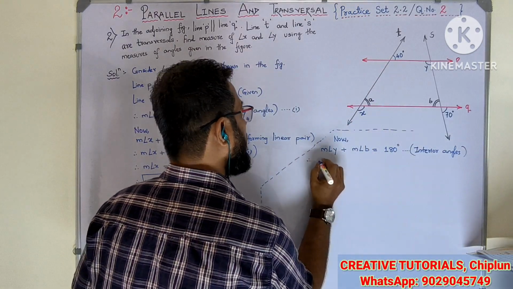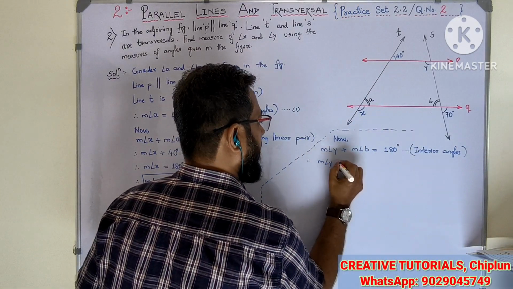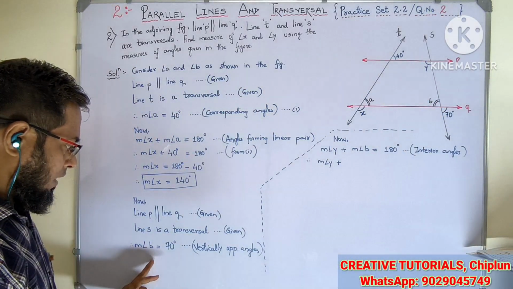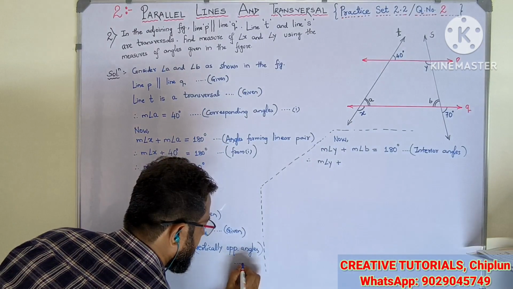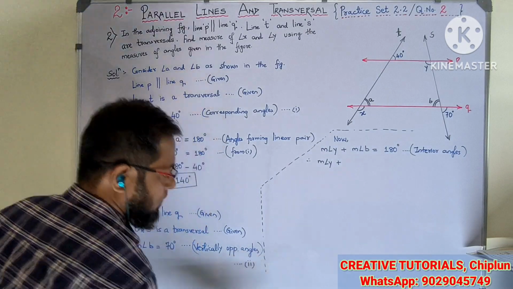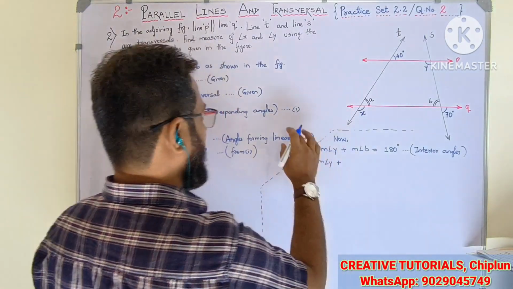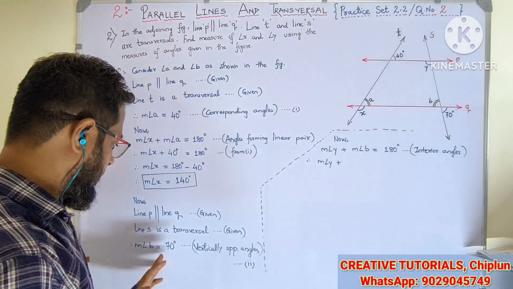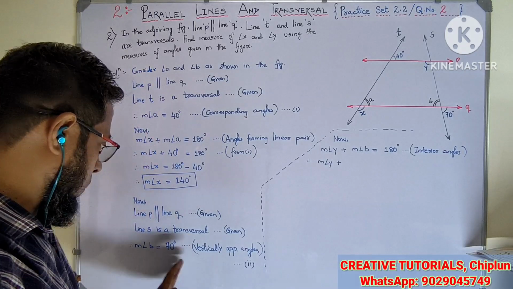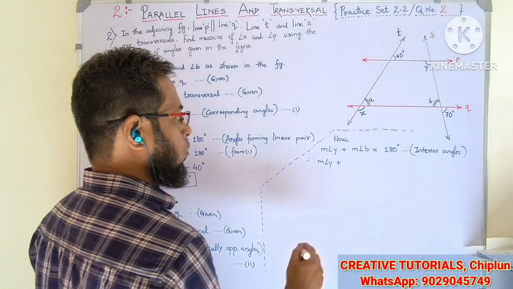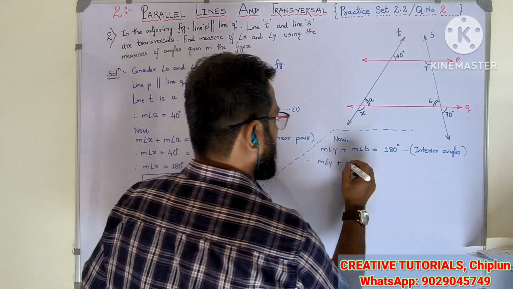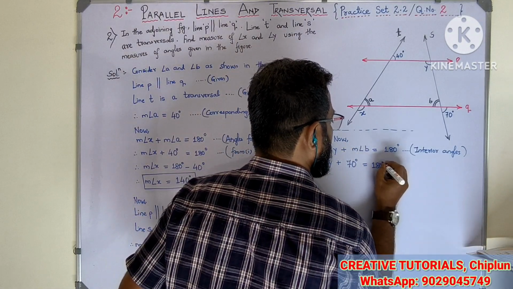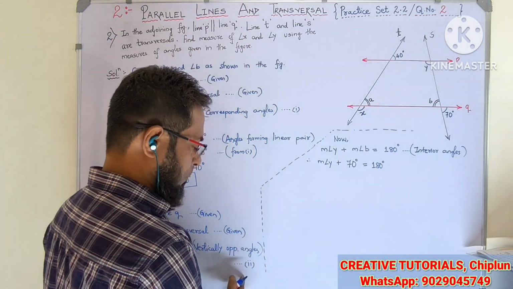Alright, so therefore measure angle Y plus measure angle B, but measure angle B we have got as 70 degrees. You can write this as statement number 2 also over here. Like how we have written here that measure angle A is 40 degrees and we have given statement number 1, in the same way you can give here also, and this is statement number 2. So B we are getting as 70 degrees, that is equal to 180 degrees, and this 70 we are getting from statement number 2.